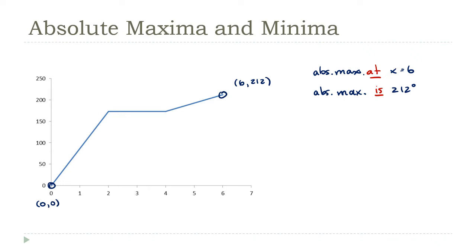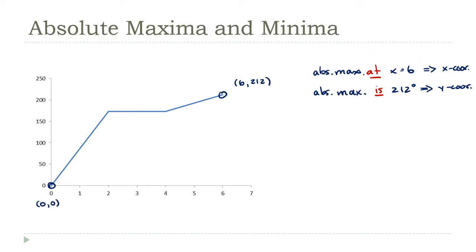Right? So when we're talking about where the maximum occurs, that's always an x value, an x coordinate. And when we're talking about what that maximum is, that's the corresponding y coordinate.